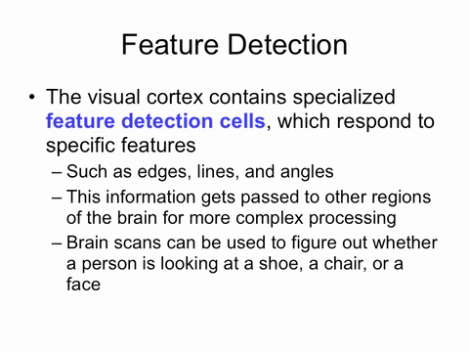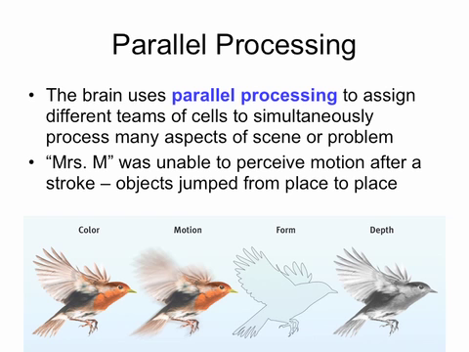Brain scans can show us this. Based on what feature detection cells have been activated and where they're sending the information, we can look at a brain scan and know whether a person is looking at something like a shoe or a chair or a face, because of the various feature detectors that become stimulated when that information is sent to the visual cortex. So that's kind of cool.